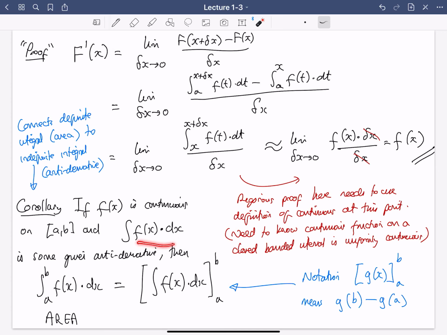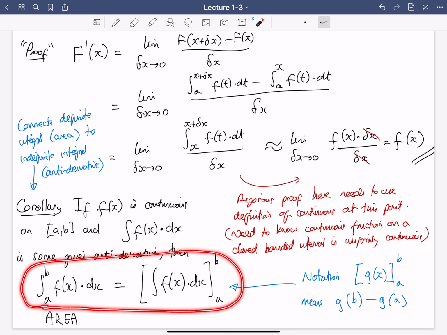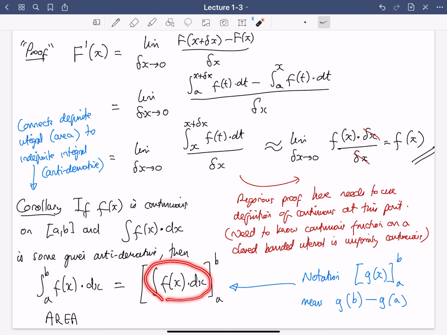All you need is to be given some function which is indeed an antiderivative of your f of x. So you just need your f of x to be integrable and have some given antiderivative in front of you. And then this is still true. The area is the given antiderivative evaluated between a and b.